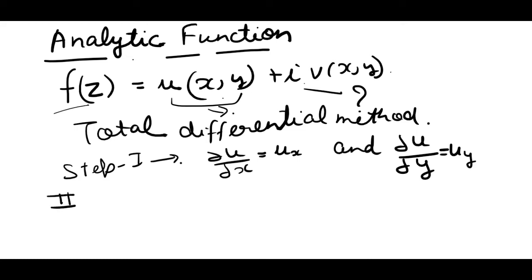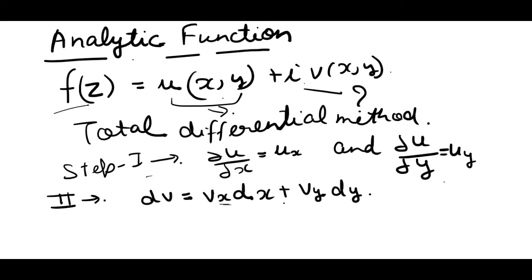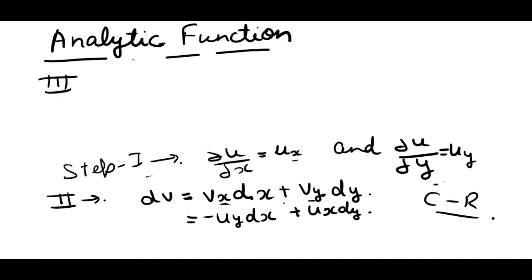Now step 2. In this, consider this equation dv = vx dx + vy dy, and now we are going to replace vx and vy by ux and uy using the CR equation. Then this will become minus uy dx plus ux dy.